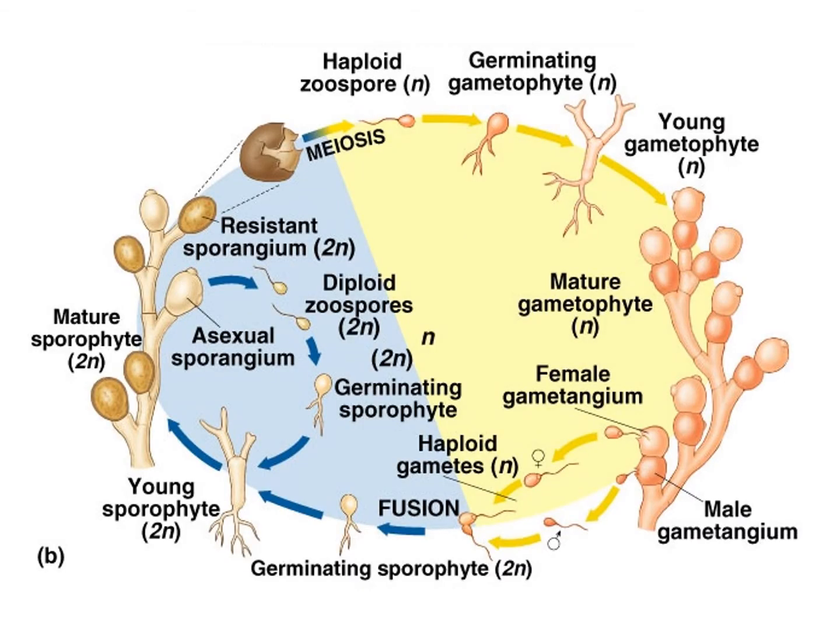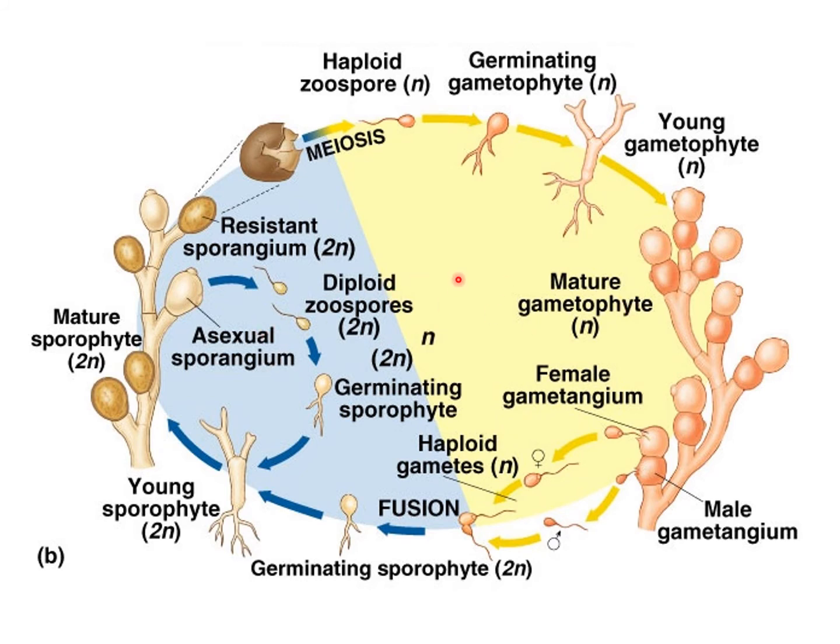Chytridiomycota has a life cycle that is isomorphic. What that means, if you remember from an earlier chapter, is that the structures during the entire life cycle appear similar. So there's no significant difference in the morphology of the structures during this process. It will alternate between the haploid and diploid stage.